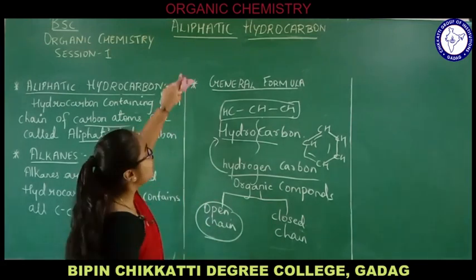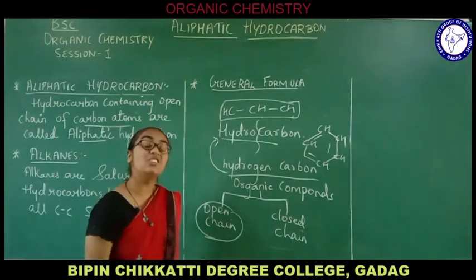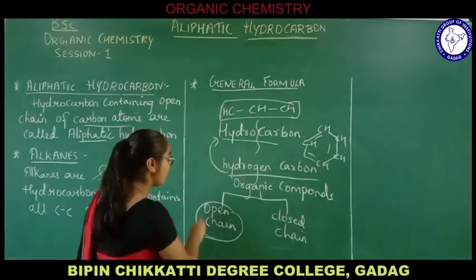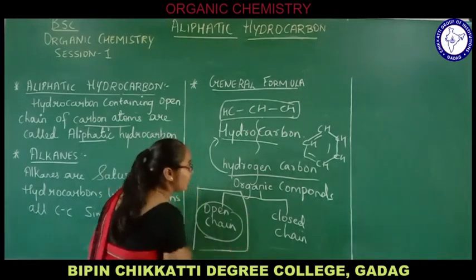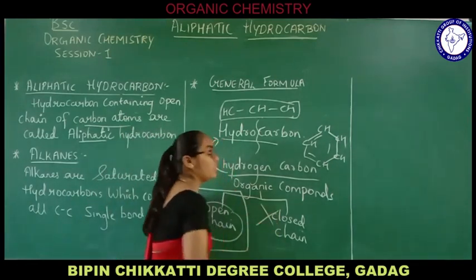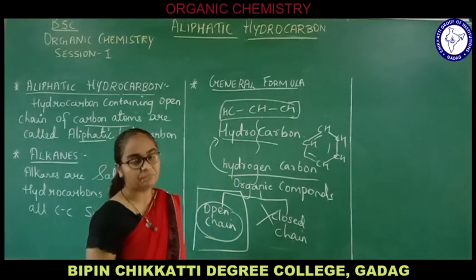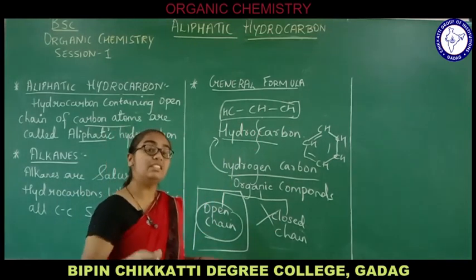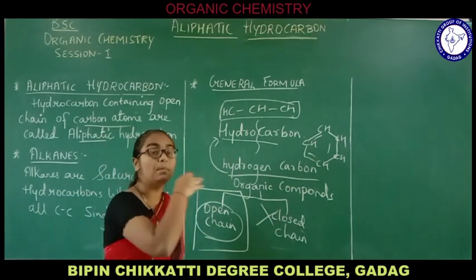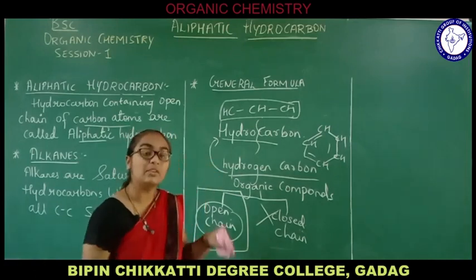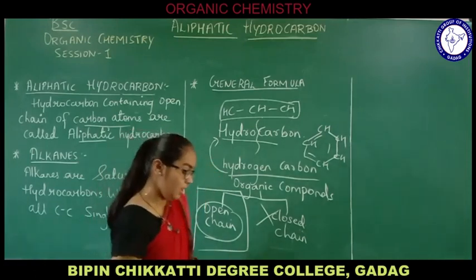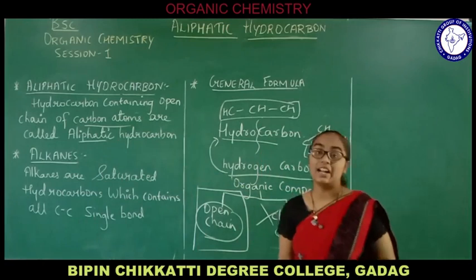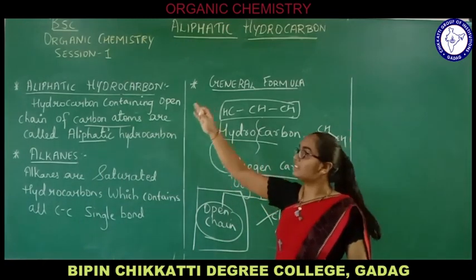Now aliphatic hydrocarbons are basically open chain compounds, so we are going to emphasize only the open chain compounds. Closed chain compounds we are not going to study in this chapter. Okay, now what are the different types of compounds belonging to the open chain or aliphatic compounds that we are going to study here? Let's understand aliphatic hydrocarbon in more detail by taking the specific definition.